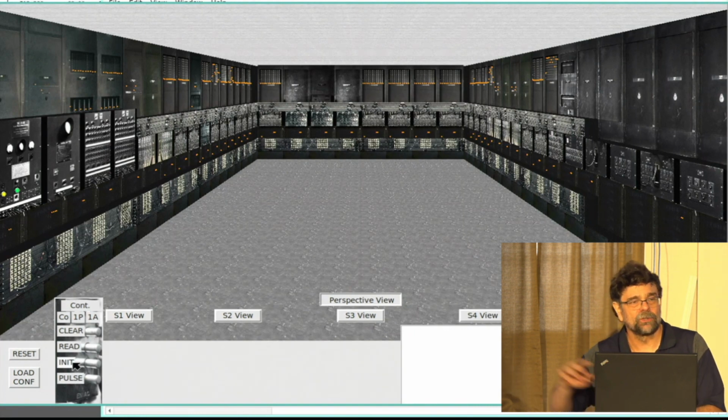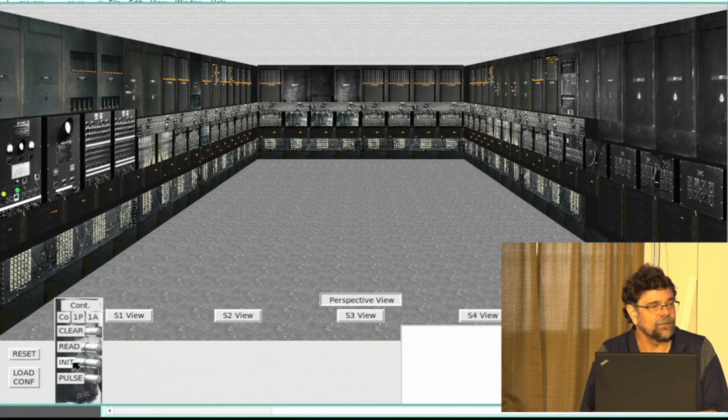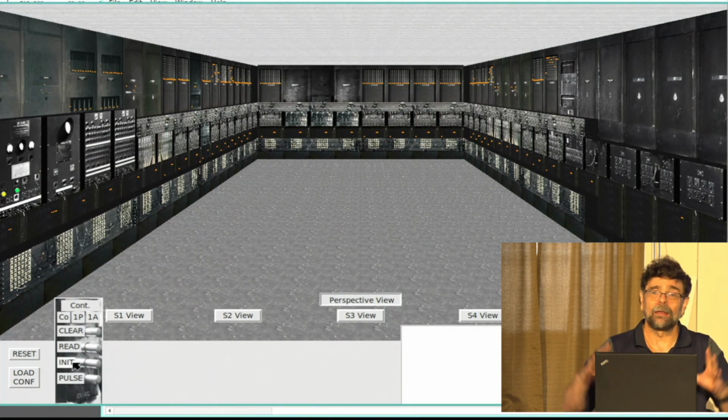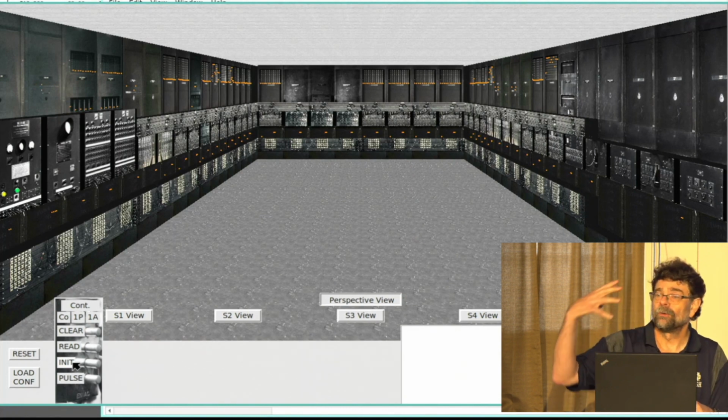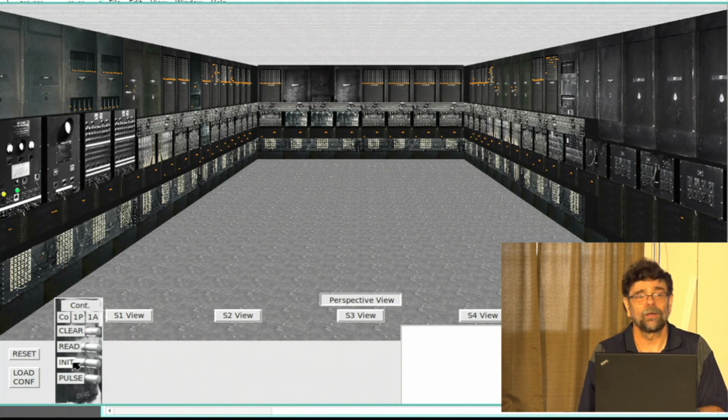Again, my simulation is running slightly slower than the original, but in the original machine, that particular simulation would run in about 20 seconds. So they were extremely proud of the fact that in demonstrating this to other scientists, to the Army brass, this could calculate the trajectory faster than the shell itself actually flew. And that was a big deal.